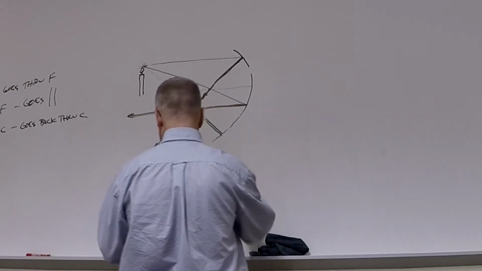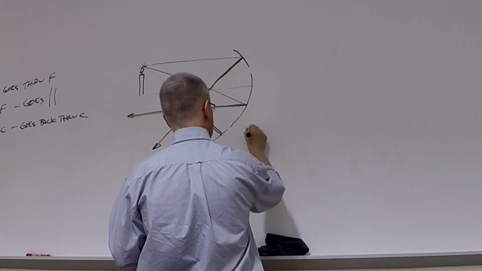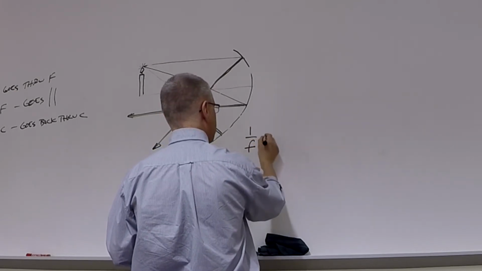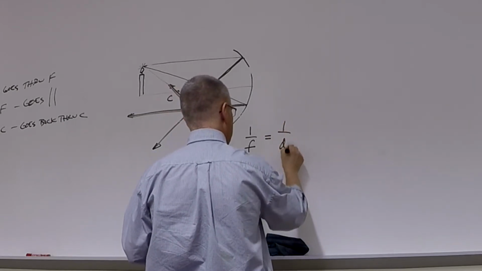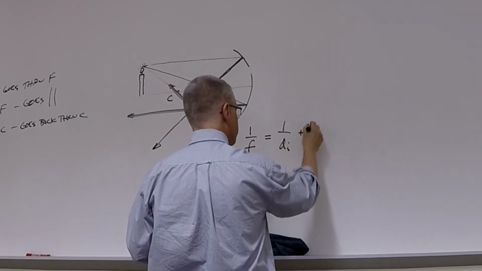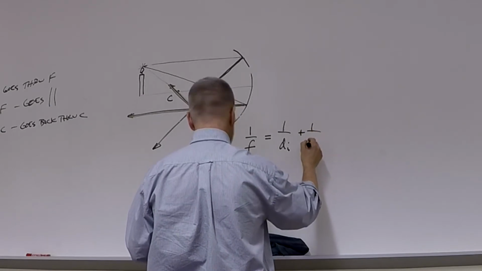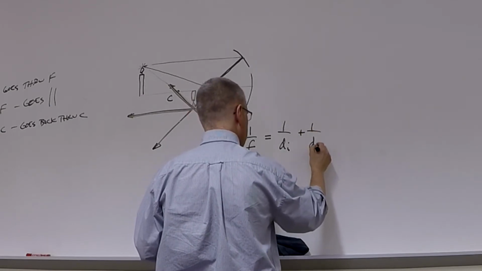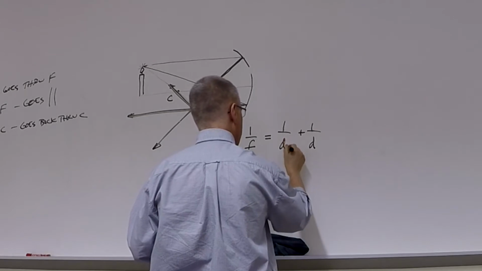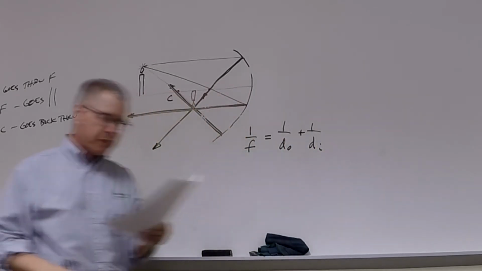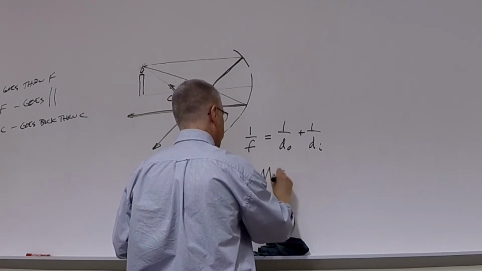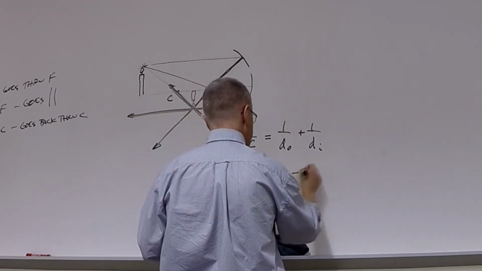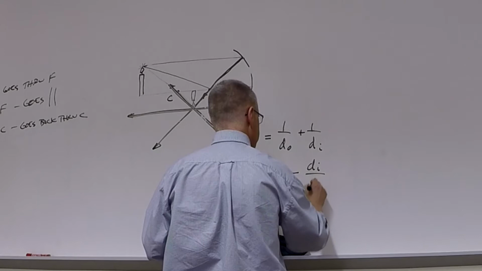And it's these two equations. One over the focal length of that mirror is one over distance to the image plus one over distance to the object. Let me switch those, object and image. Same thing. And the magnification of that image is the negative of distance to image over distance to object.